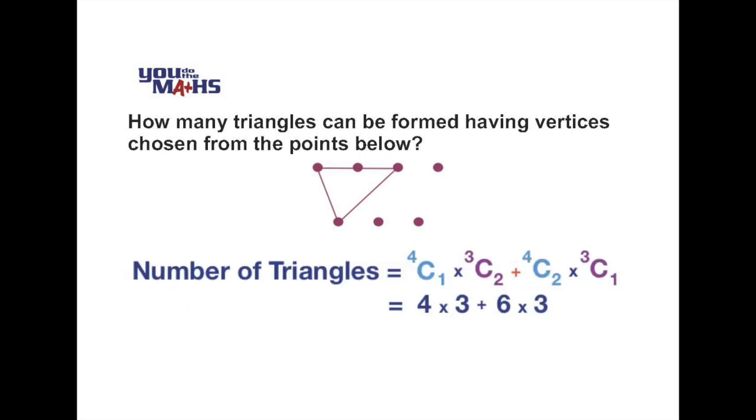Performing this calculation, 4 choose 1 is 4, 3 choose 2 is 3, 4 choose 2 is 6, and 3 choose 1 is 3. We then apply the operations and we get 12 plus 18, which is equal to 30. So there are 30 triangles that can be formed using the points shown in that diagram.